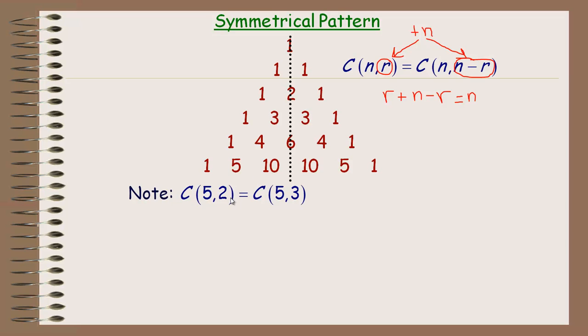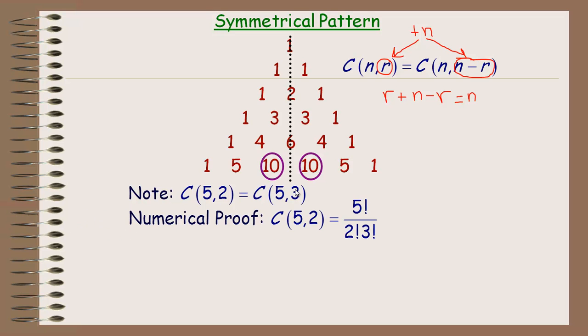So note, for example, this number here is actually 5 choose 2. This number here is 5 choose 3. Notice that they're the same. We're just going to prove that using the combination formula. 5 choose 2 would be 5 factorial over 2 factorial, and then also 5 minus 2 is 3 factorial.